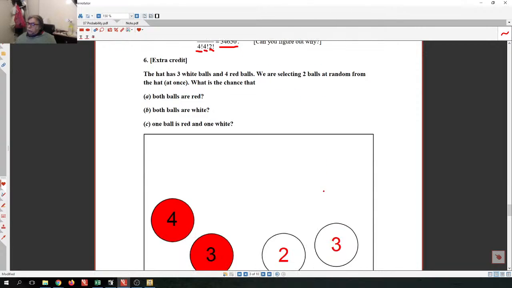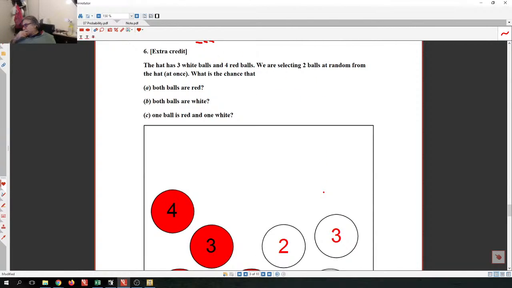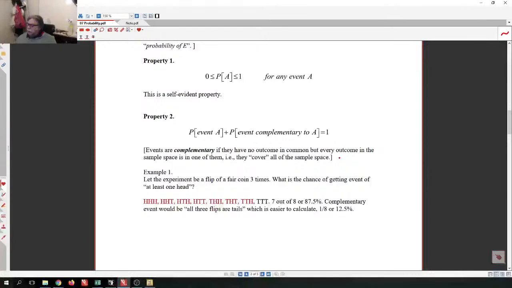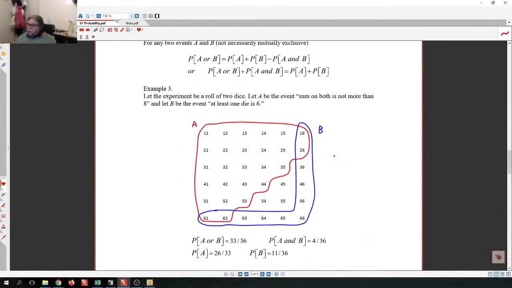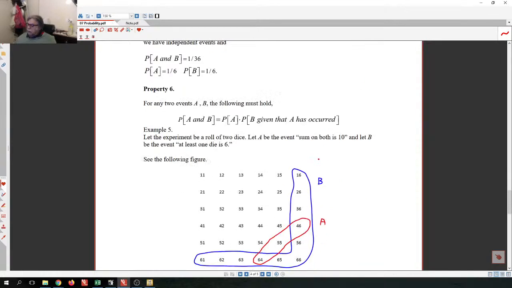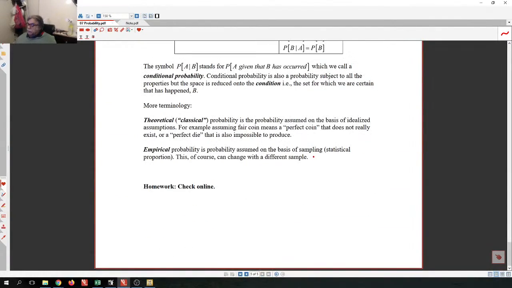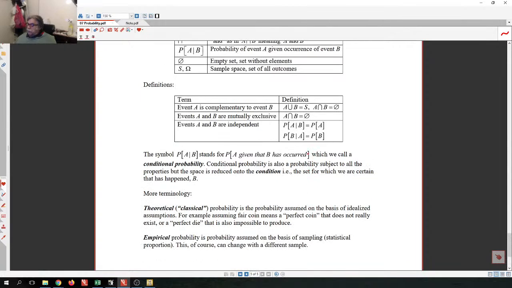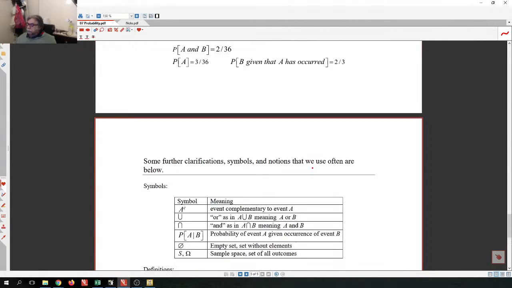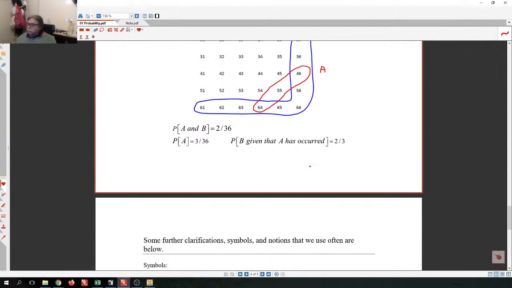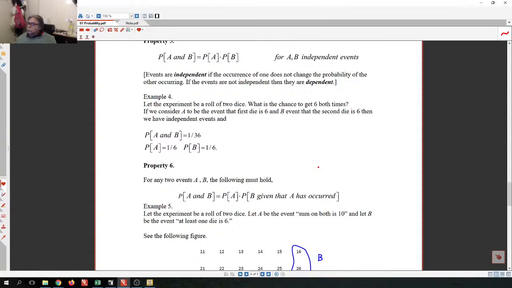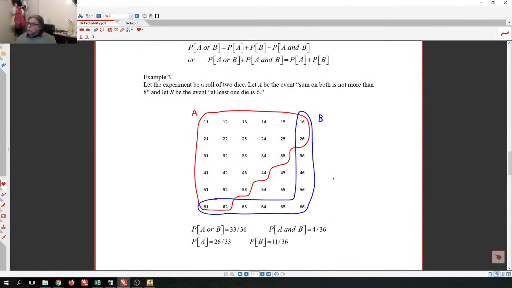Okay, here's another problem about the balls. We had a similar problem before, not this one, when we were asking the question: what is the probability, if you have 2 red balls and 1 black ball, of getting 1 red and 1 black ball? I think I made a video on that.